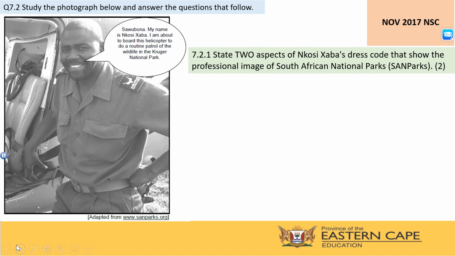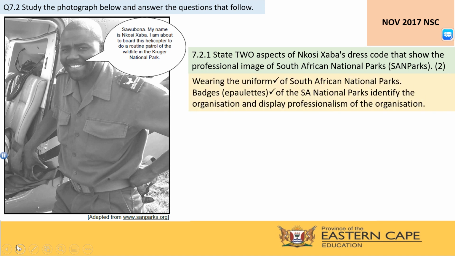Now your first question that comes up there is state 2 aspects of Nkosi Xaba's dress code that show the professional image of South African National Parks. So what are we looking at here, grade 12? We are looking at Nkosi Xaba's dress code. We're looking at what he is wearing and how he is wearing it. Let's take a look at the answers.